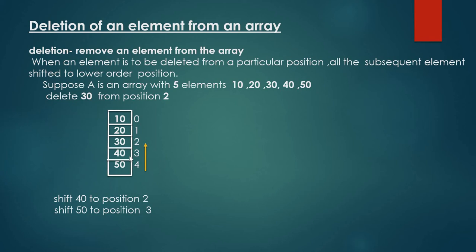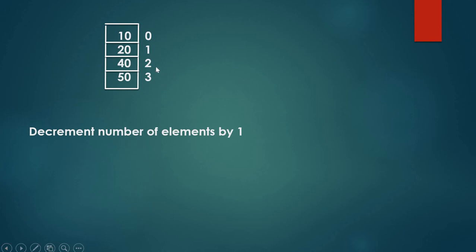We need to shift this 40 and 50 to one lower order position. First we shift 40 to position 2 and 50 to position 3. Then when you are shifting, that 30 is removed from this array, and you get a resultant array like this: 10, 20, 40 and 50.